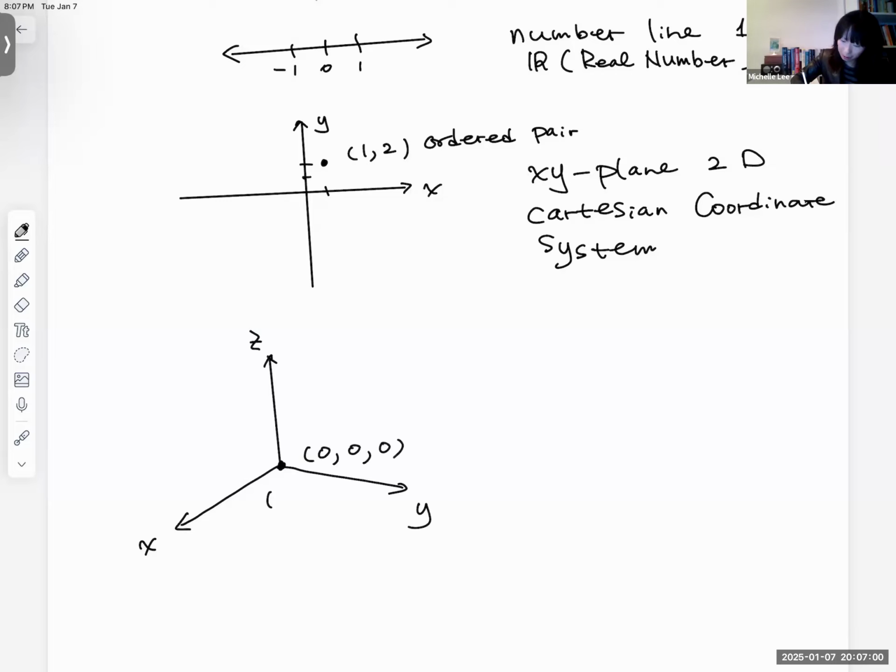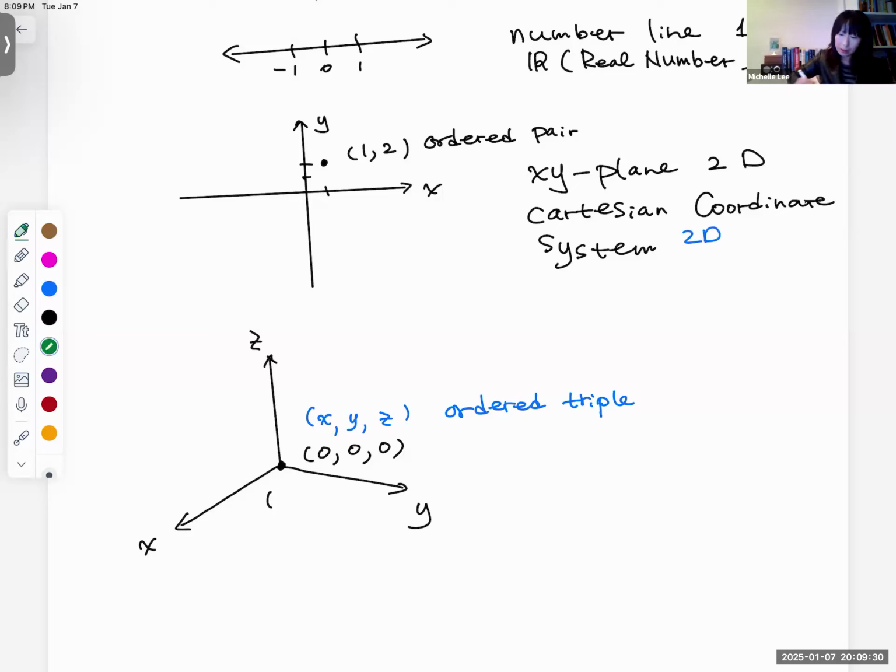Now this is 0, 0, 0, that is X, Y, Z. So it's an ordered pair for 2 dimensions, right? And an ordered triple for 3 dimensions. And we can also say Cartesian coordinate system in 2D, 2 dimensions, and here we say the Cartesian coordinate system in 3 dimensions.